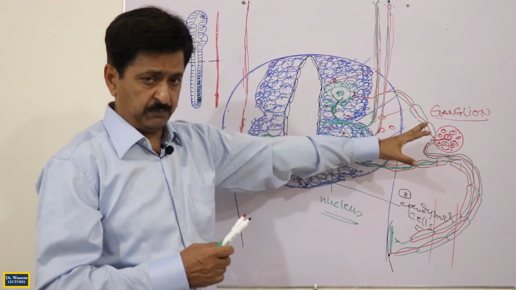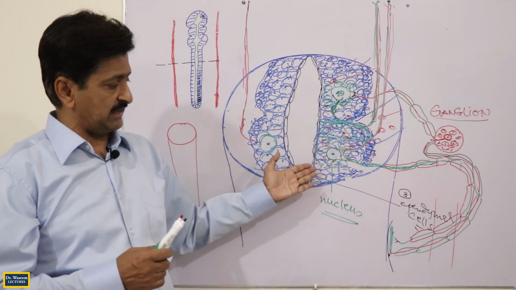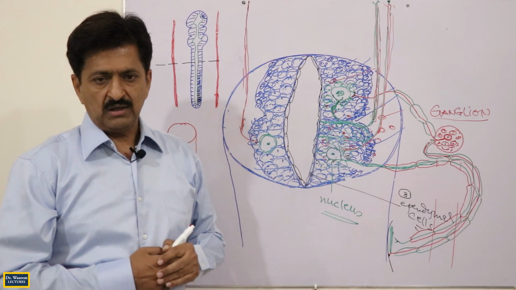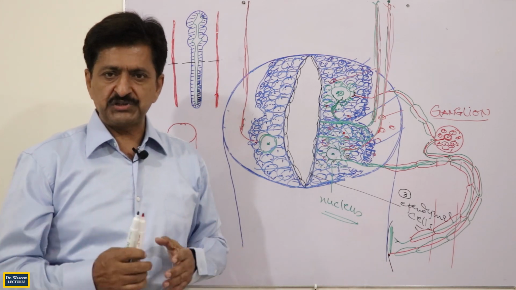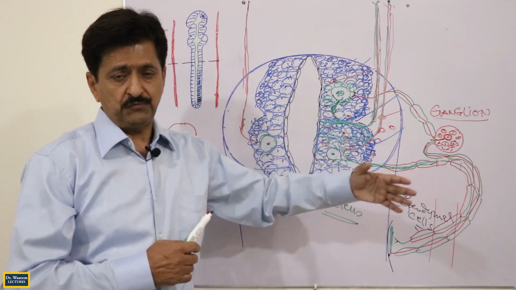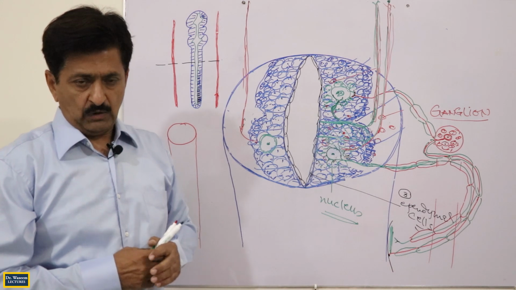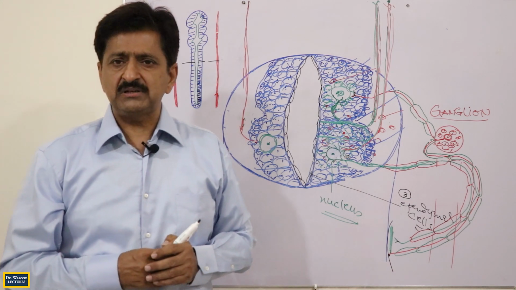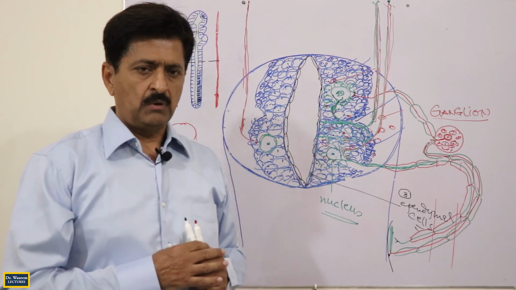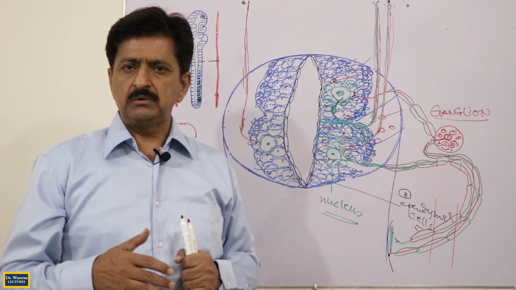But if these types of discrete collections are lying inside the central nervous system in the gray matter, you call them a nucleus. So, nucleus and ganglion should be differentiated, and tracts and nerves can be differentiated.